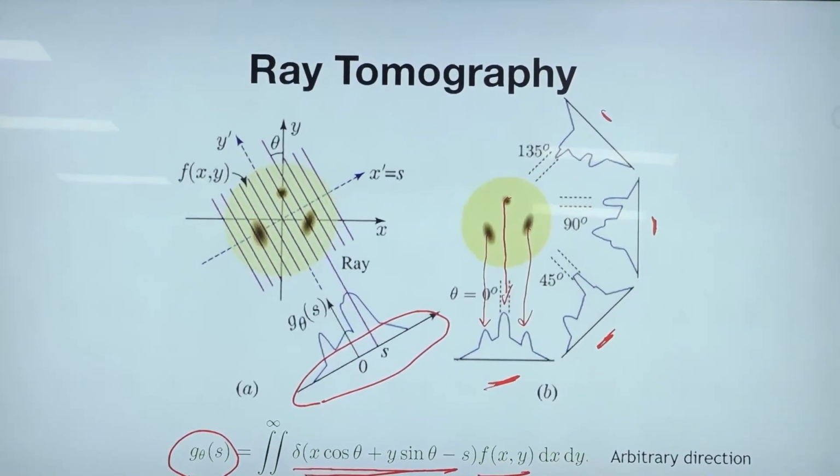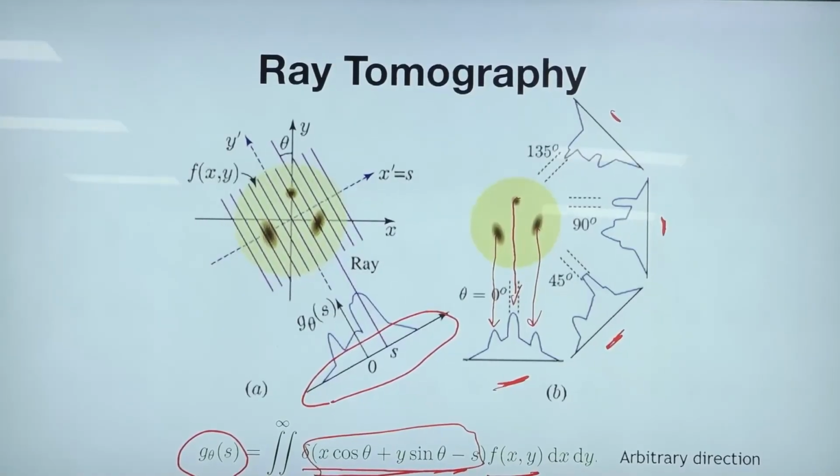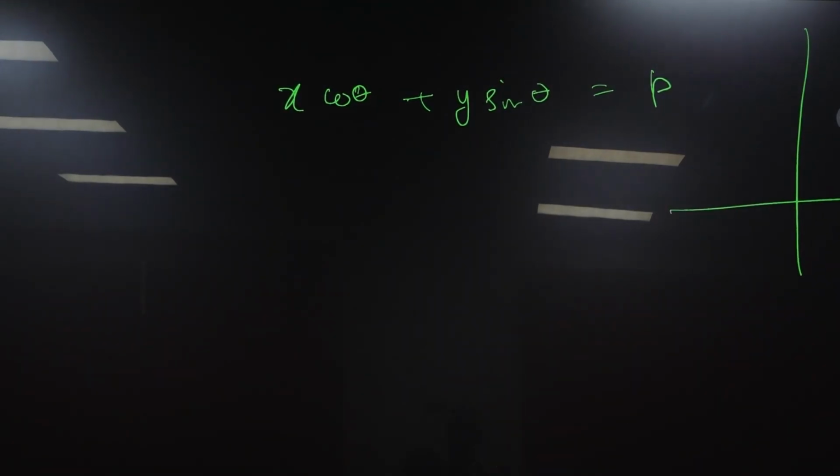And what kind of line is this? If you remember your 11th and 12th, what does the equation x cos theta plus y sine theta equals p represent? This is the parametric form of a line, right? Let me draw it over here.